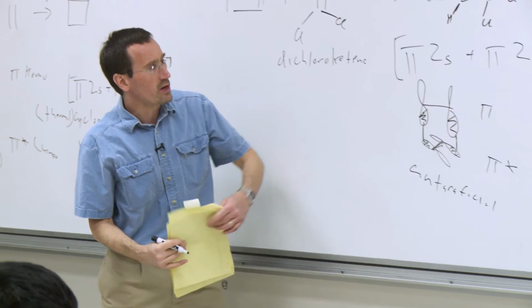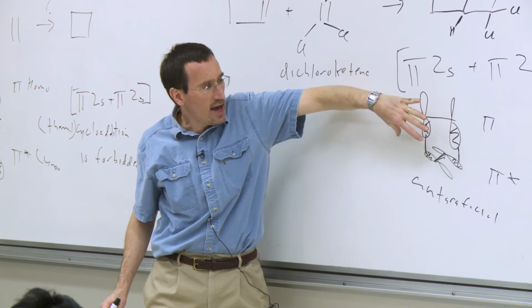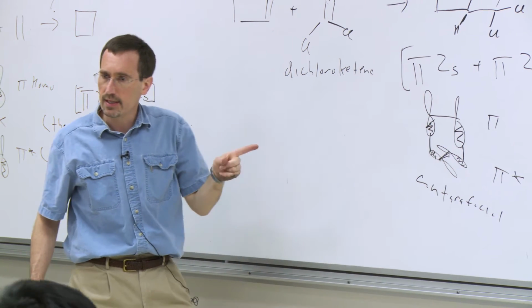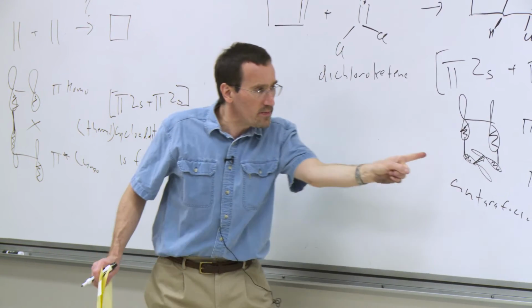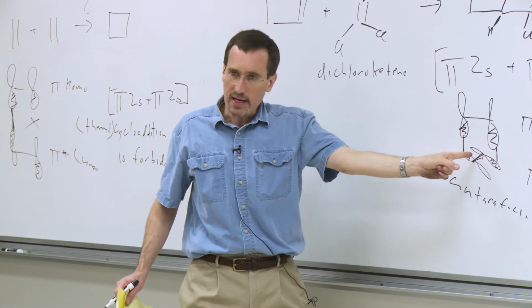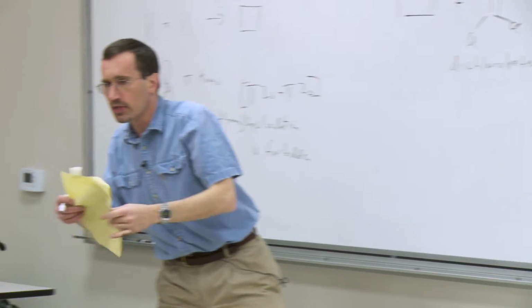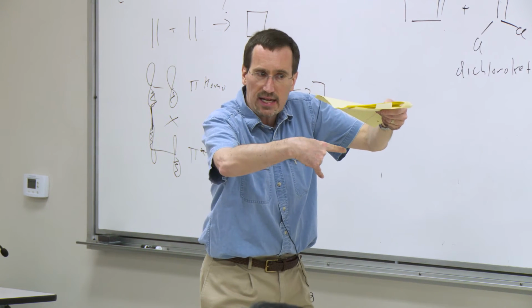In other words, we are suprafacial with respect to one component and antarafacial with respect to the other component. And you can imagine that a ketene with its oxygen would be particularly good at taking the antarafacial role. So here's our cyclopentene ring, and here's the ketene.